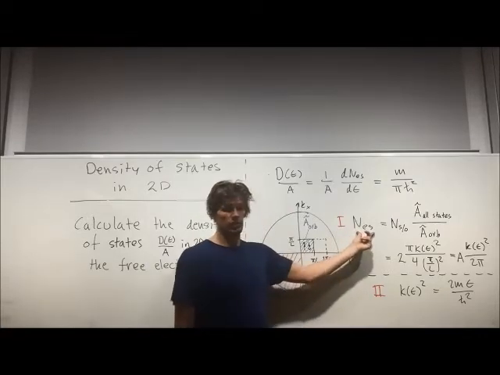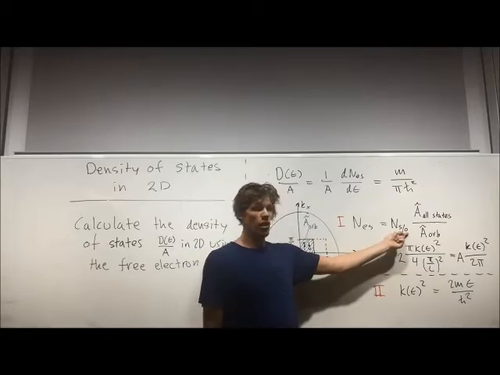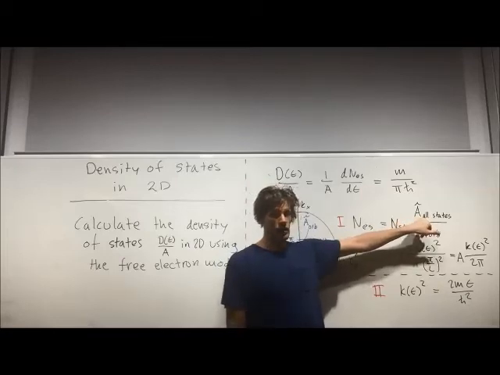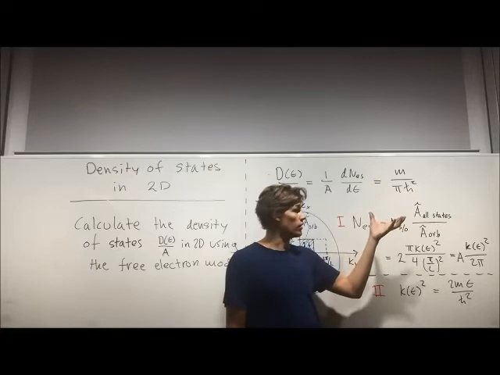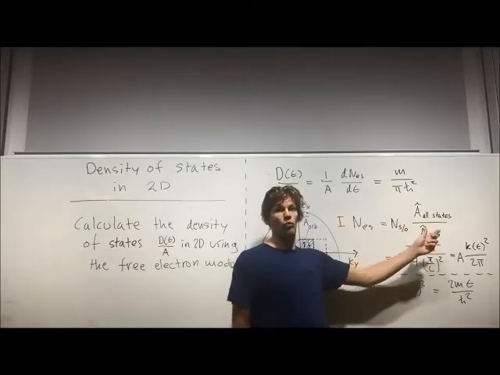The first one is that the number of electronic states, again, is the number of spins per orbital times the ratio between the total area in k-space of allowed electronic states divided by the area of one orbital.